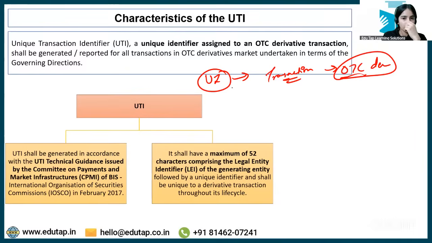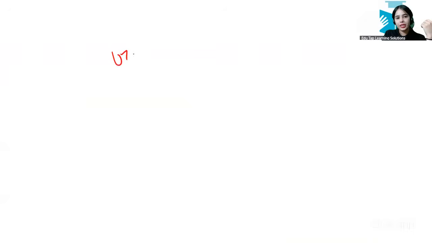Okay. So the UTI will be a maximum of 52 characters comprising the LEI. The LEI is a 20-character code, plus the unique characters. Okay. So basically, the UTI is a 52-character code that will uniquely identify the over-the-counter derivative transaction.